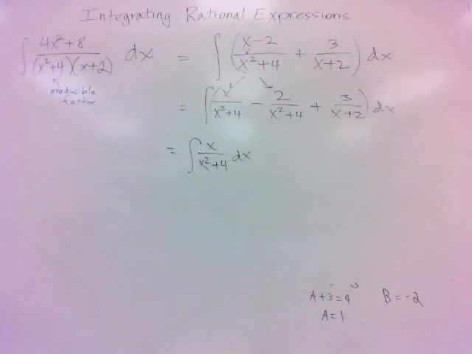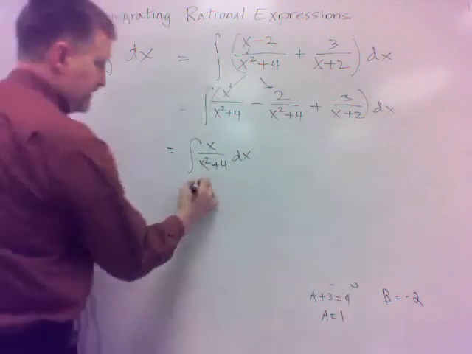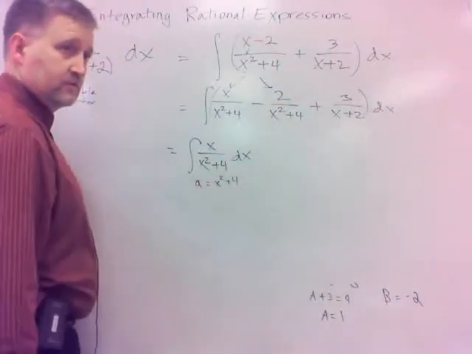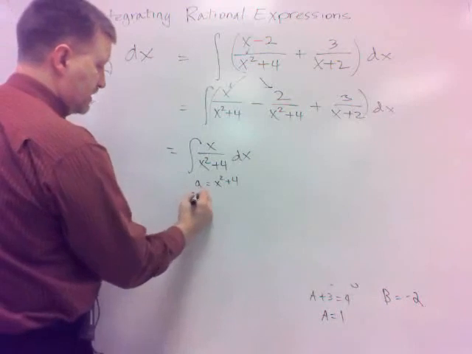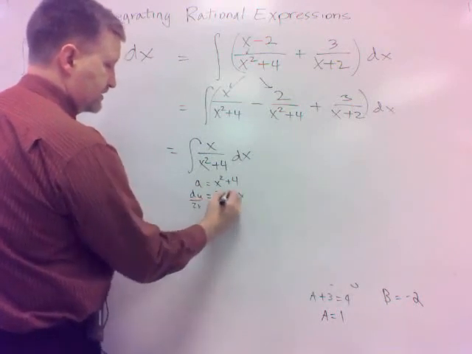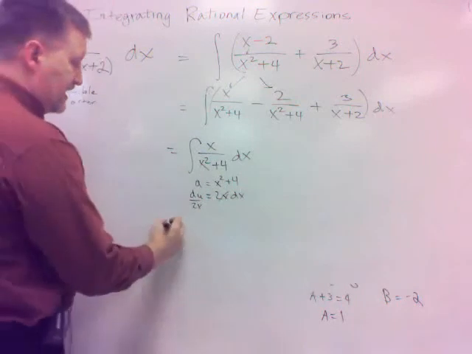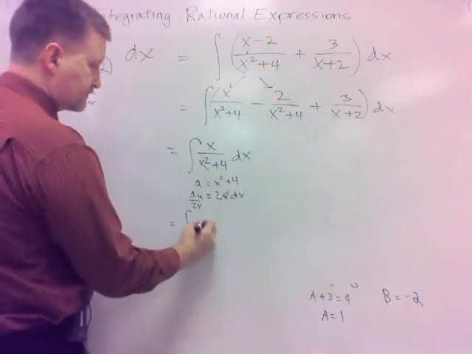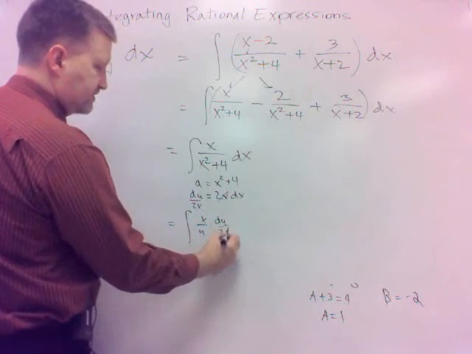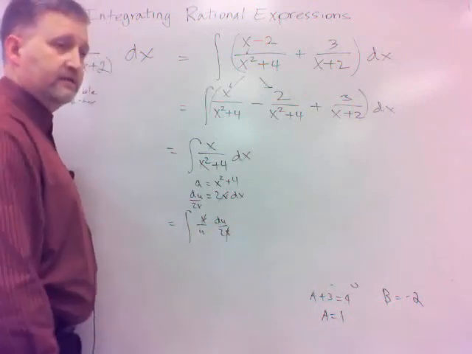U substitution will pop its head just about anywhere. Can I do this one by U substitution? U is x squared plus 4. du is 2x dx. du over 2x, in other words, is dx. So that's going to work out to be x over u, and du over 2x. Aren't the x's going to cancel? So that one will work by u substitution.